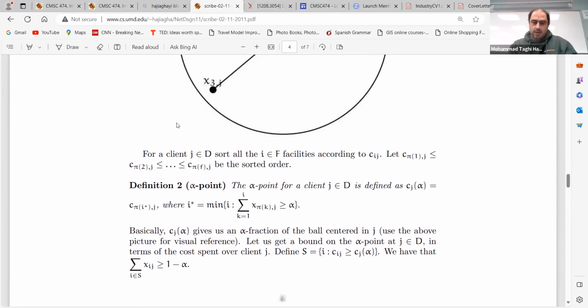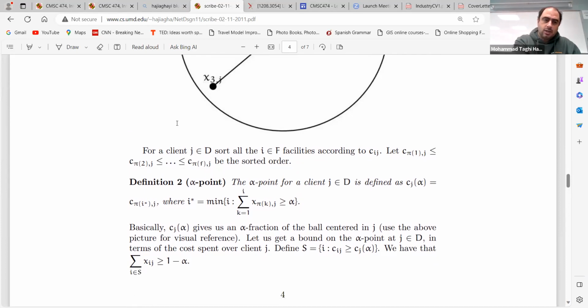So what can we do here? For a client j, sort all the facilities. Again, you can consider facilities and clients as the whole set of vertices. Each vertex can be a client or a facility, or both. So for each client, sort them according to their cij's.